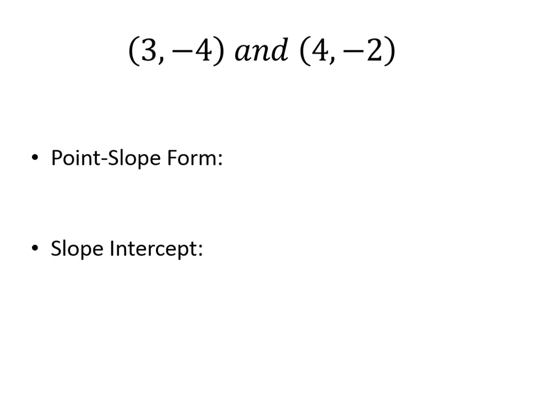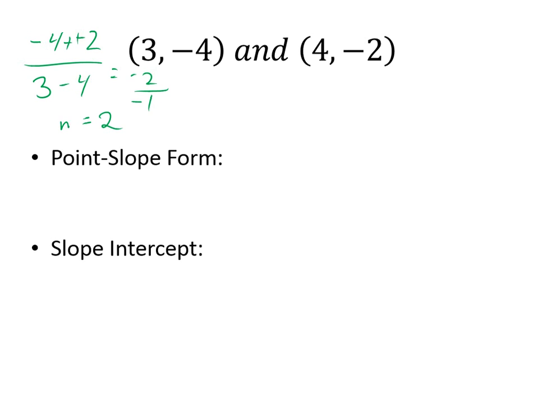All right. So now let's say you're given 2 points. So I have these 2 points, (3, -4) and (4, -2), and I want to do point slope and slope-intercept form. Well, point slope is going to be the easier one. First thing we have to do is find the slope. So I'm going to take the y's, -4 minus -2, all over 3 minus 4, which would get me -2 all over -1, which gets me 2.